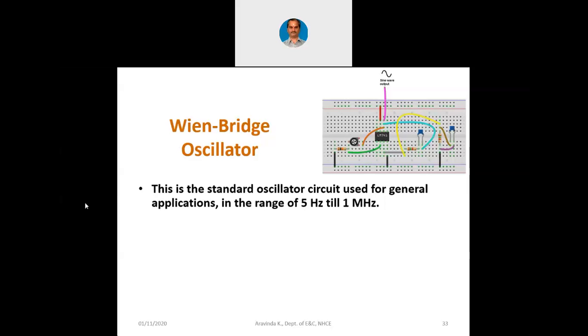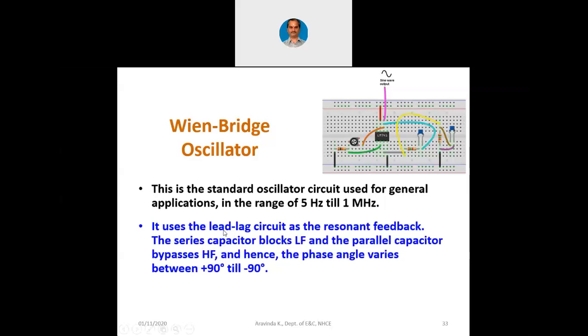Now this is the standard oscillator which is used in many applications. I have been telling you about sirens and beepers, and in most of such things a Wien bridge oscillator can be used. Right from 5 Hz till 1 MHz we can use this.